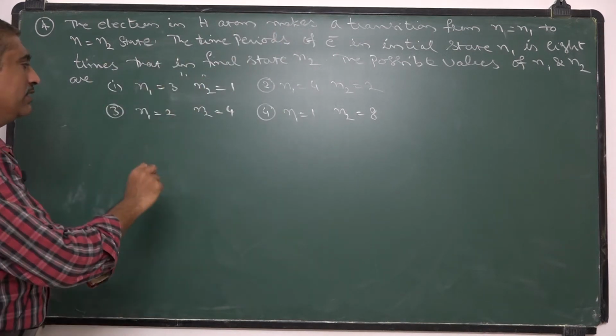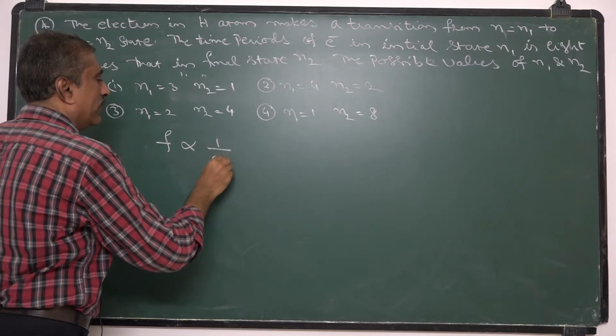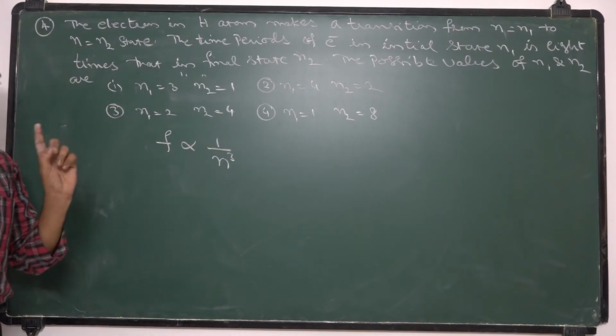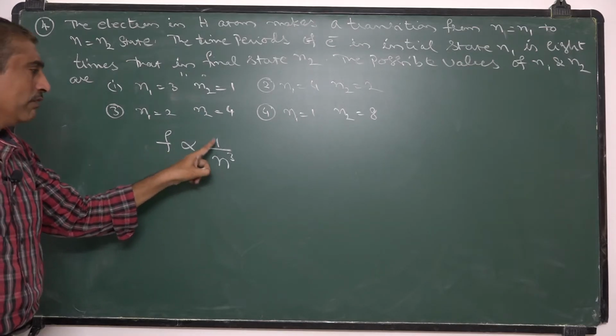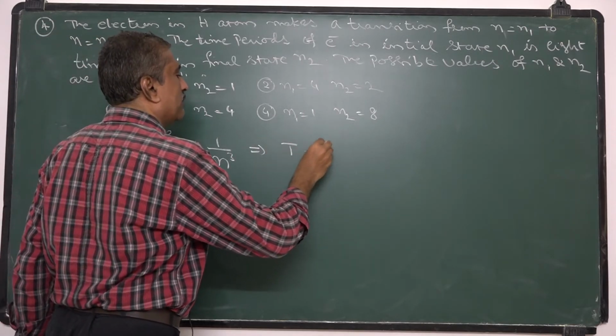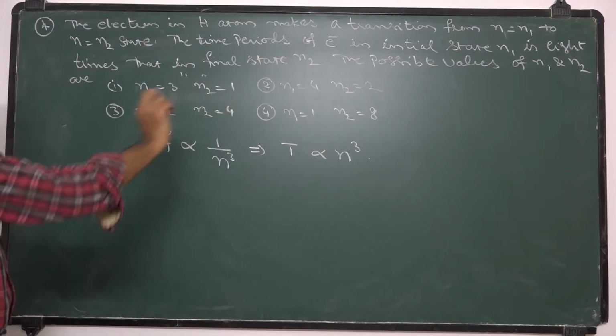Okay, when electron is in a state, its frequency is proportional to 1 by n cube. The orbital frequency of an electron in a particular orbit is f proportional to 1 by n cube. That means its orbital time period T is proportional to n cube, and this is given.